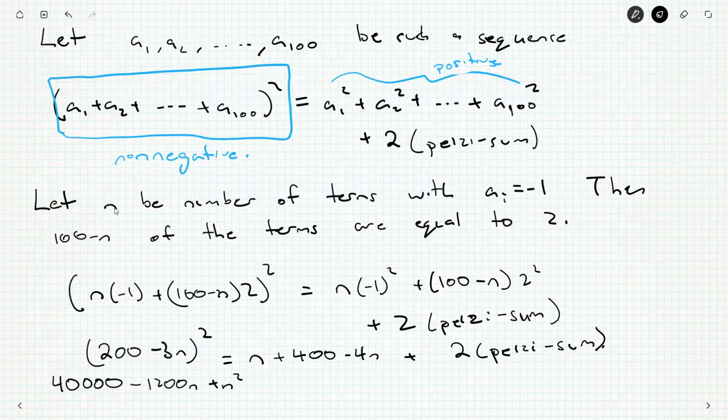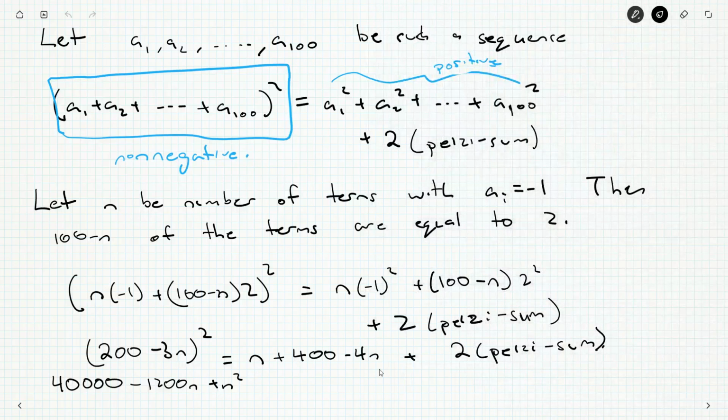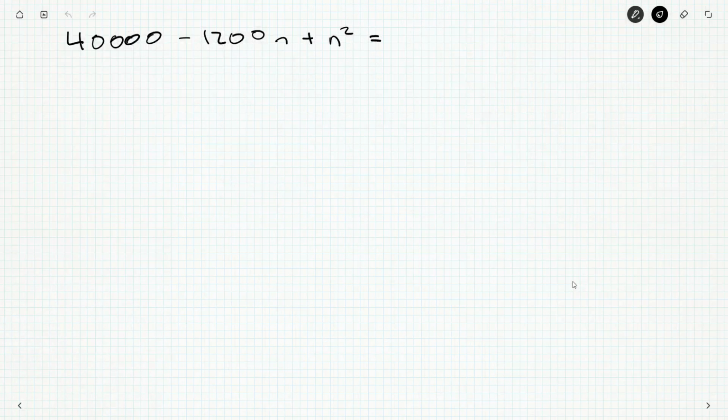And we'll get a parabola, I think. Oh, we could get a parabola and then maybe put it in vertex form. And the vertex will be where the minimum is. Maybe that'll work. Plus n squared is equal to, and then I cannot remember what it was that we had on the other side. 400 minus 3n plus twice the pairwise sum. I'm going to say let p, just so I don't have to keep writing the pairwise sum.